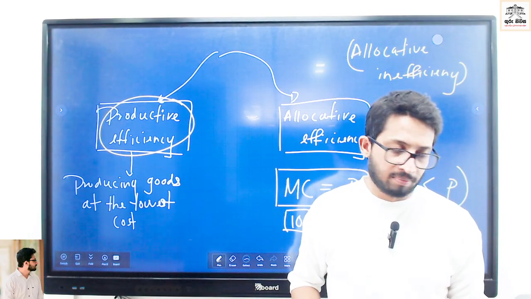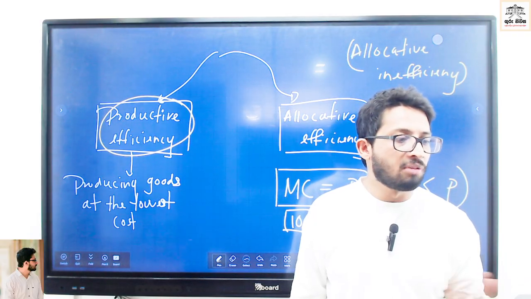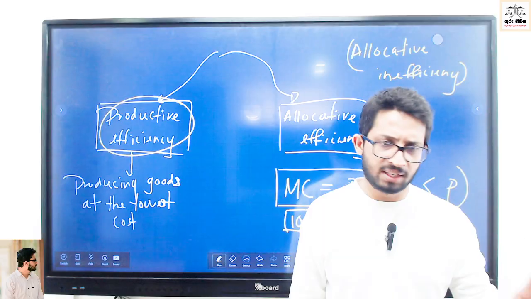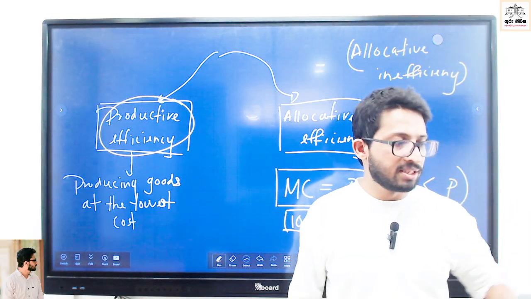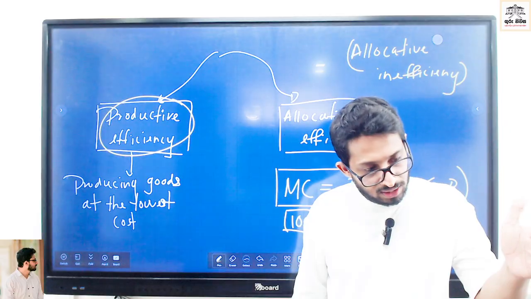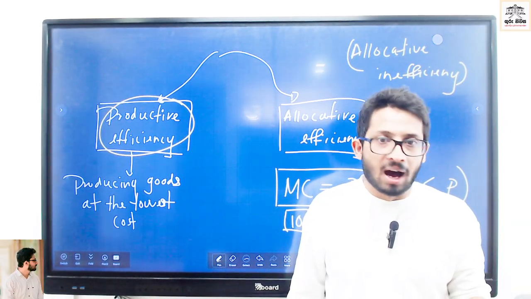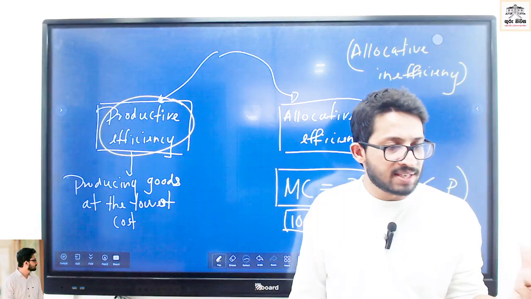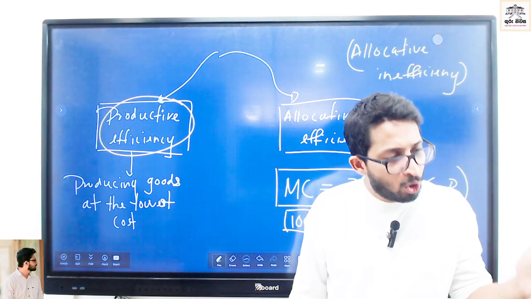Assume, in Sri Lanka, there's only one fresh milk factory, Ambewela or someone. Let's just imagine. Only one, no other competitors in the market. Then Ambewela would not have any enthusiasm or motivation to produce fresh milk at lowest possible cost.